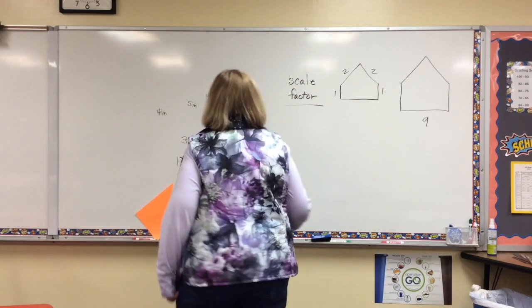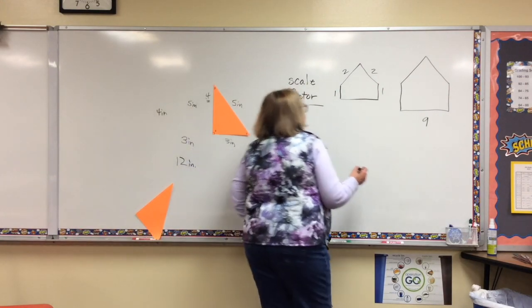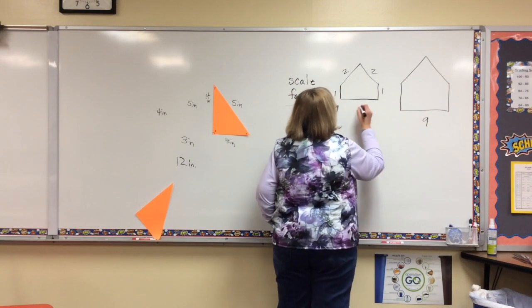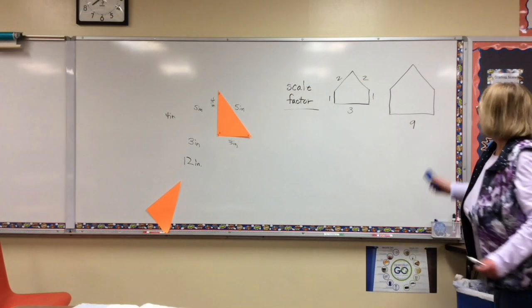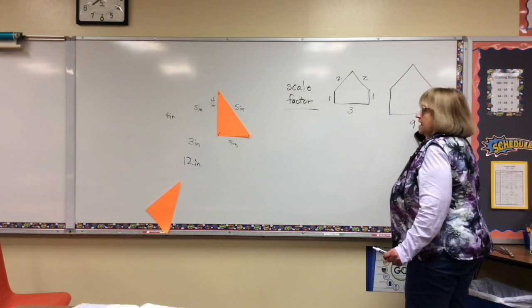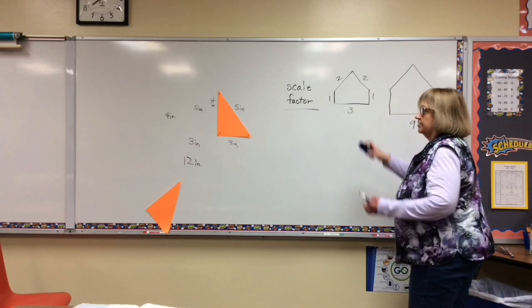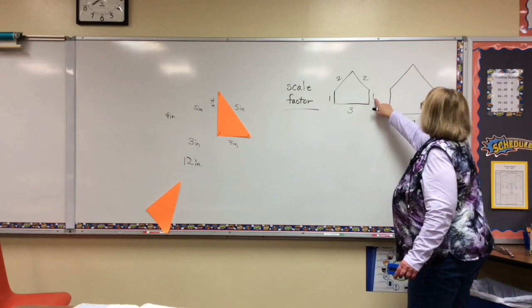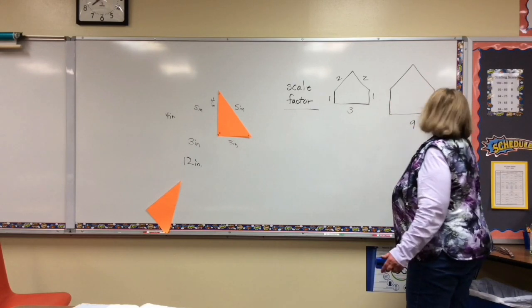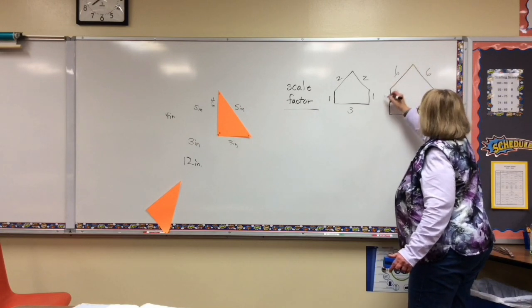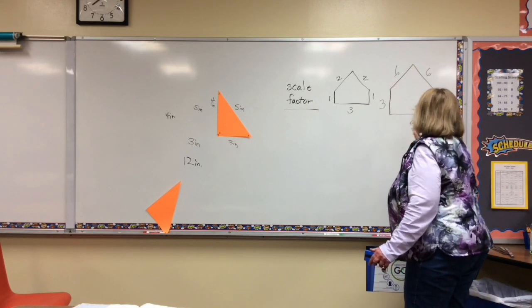So, if this one's 3 times bigger, then what is this? We have a scale factor of 3. So that means take this 9, divide it by 3, and we get 3. So, that also means if I take this side and multiply it by that scale factor of 3, I've got 3 here. 3 times 2 is 6. 6, 3, 9.